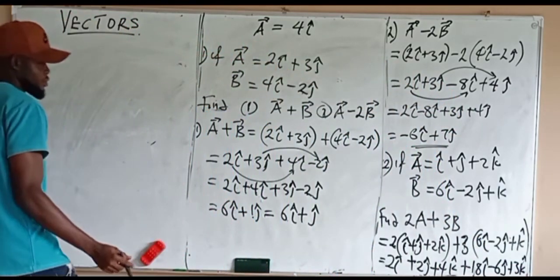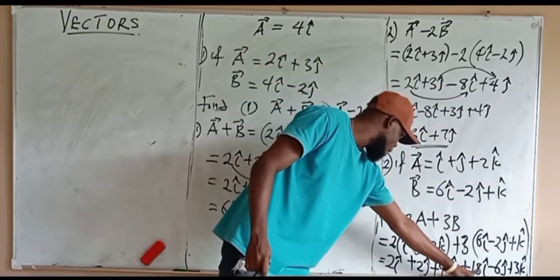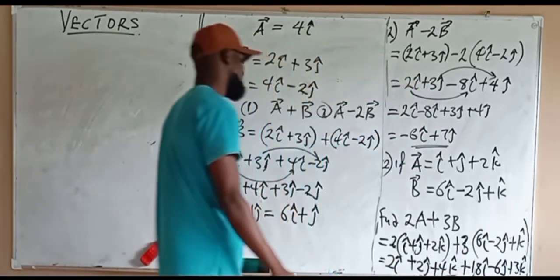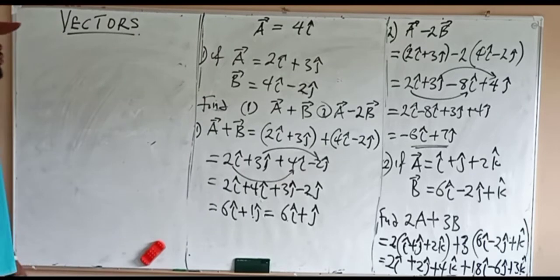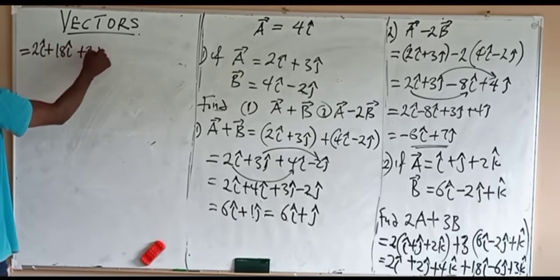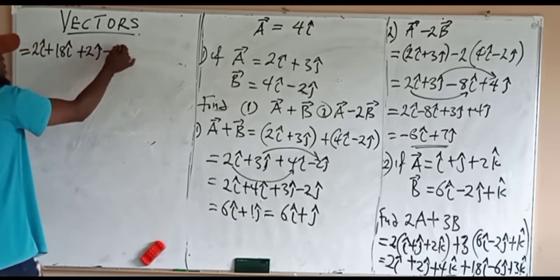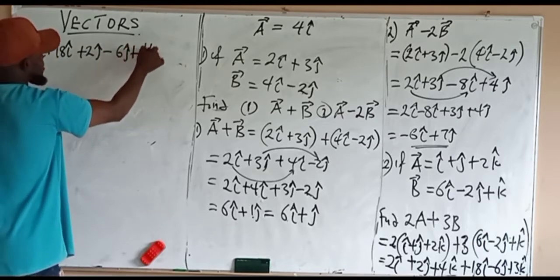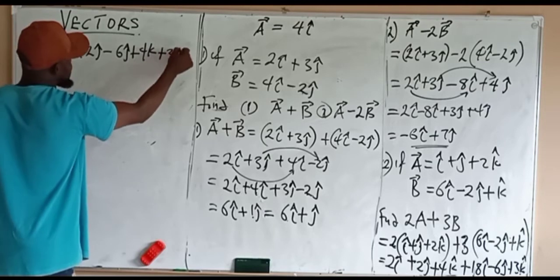The next thing, add I to I, J to J, K to K. That's how it's done. So we're going to have 2I plus 18I, and for J we have 2J minus 6J, and for K we have 4K plus 3K.